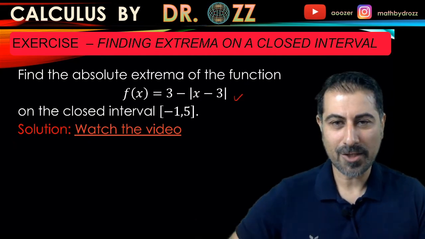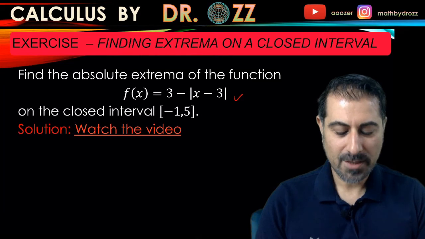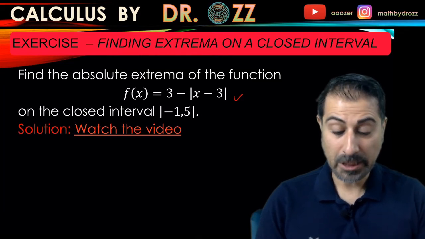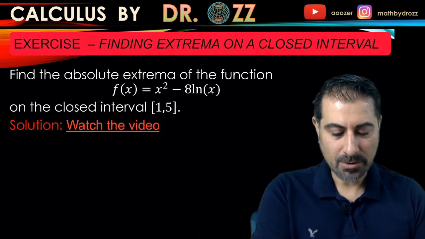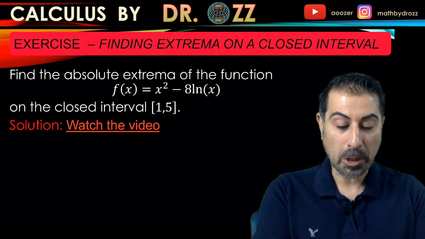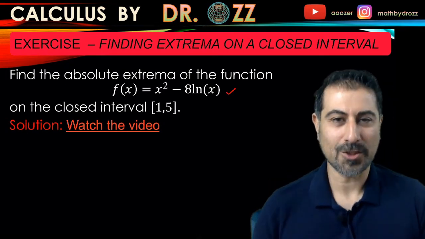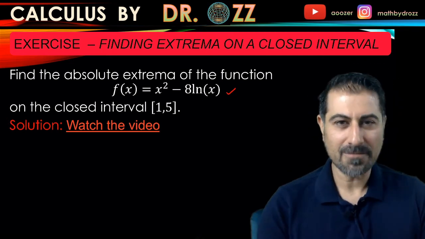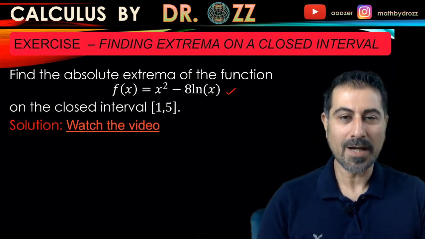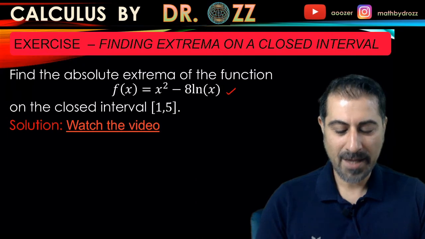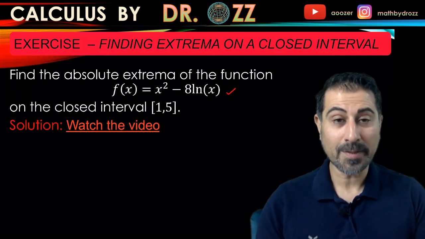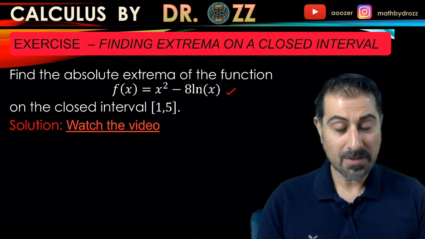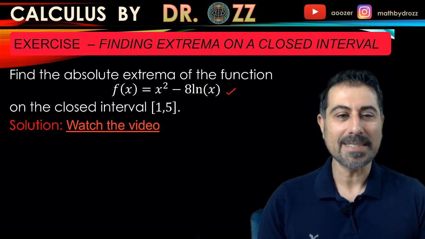So you have the sharp edges at certain points, and you're given a closed interval as well. So we're going to find the critical points, check the endpoints, and so on. And in the last one, you have a logarithmic type function, which is a non-trivial function, and you apply the same process of finding absolute extrema on the closed interval. So please practice this content before you start the homework assignment.